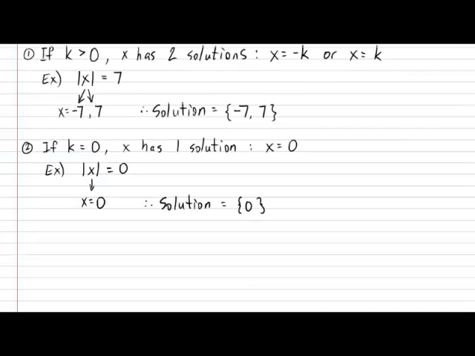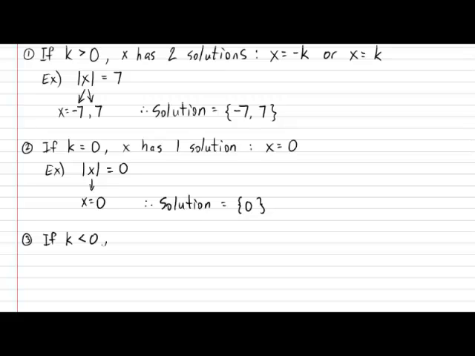And now finally, for the third scenario, what if this happened? What if the absolute value of x was equal to a negative number, so something smaller than 0? So, think hard about this. And don't forget about what the definition of an absolute value means.